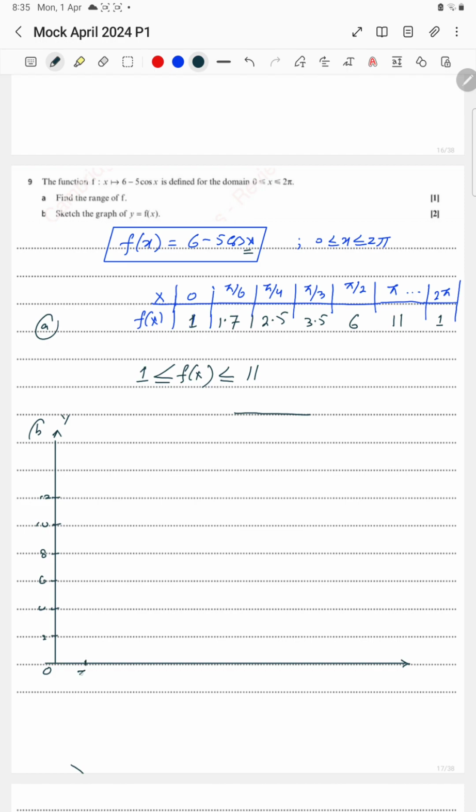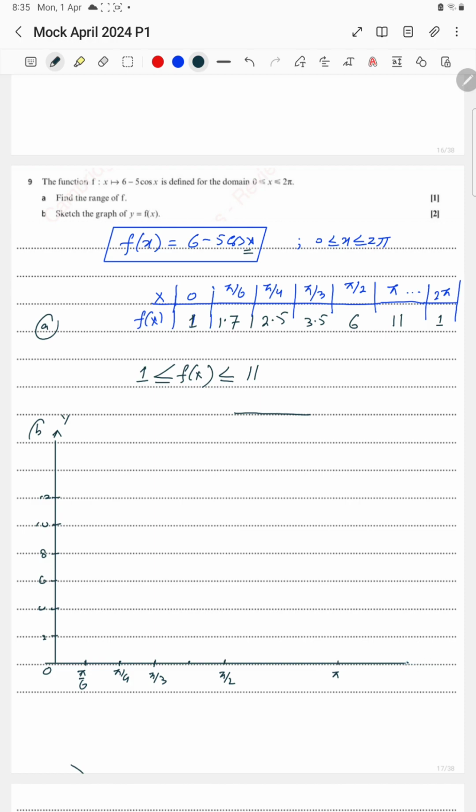It is pi by 6. It must be equally spaced, so be careful. Pi by 4 in the rough sketch, and it will be pi by 3. Somewhere here pi by 2, and then pi will be here.